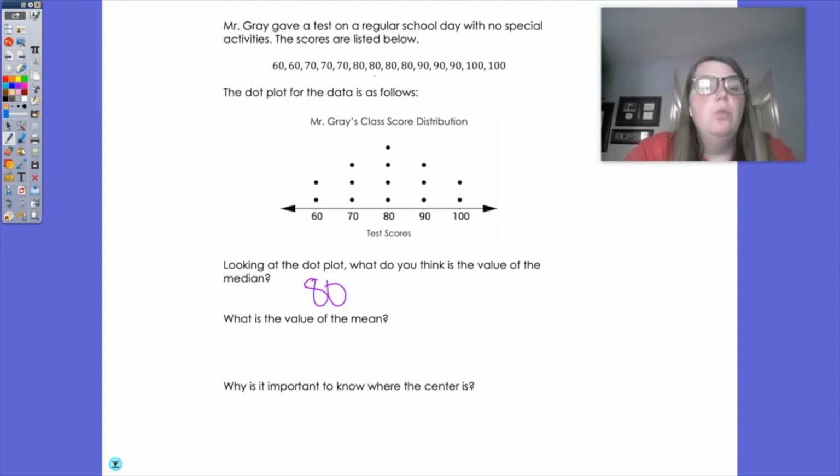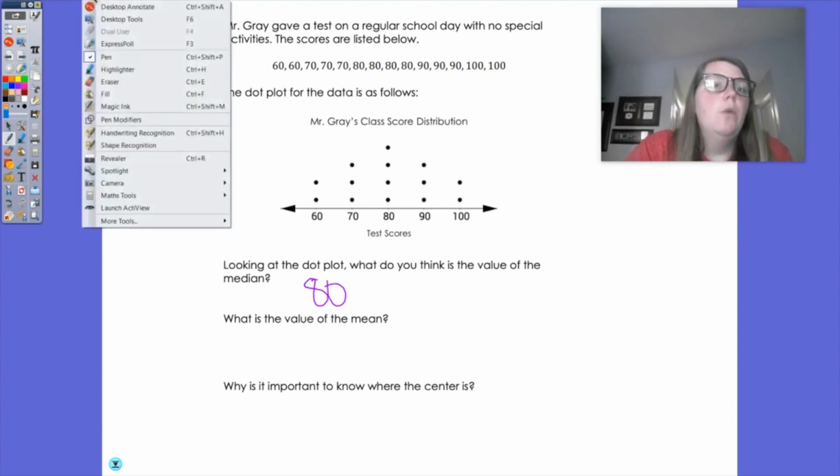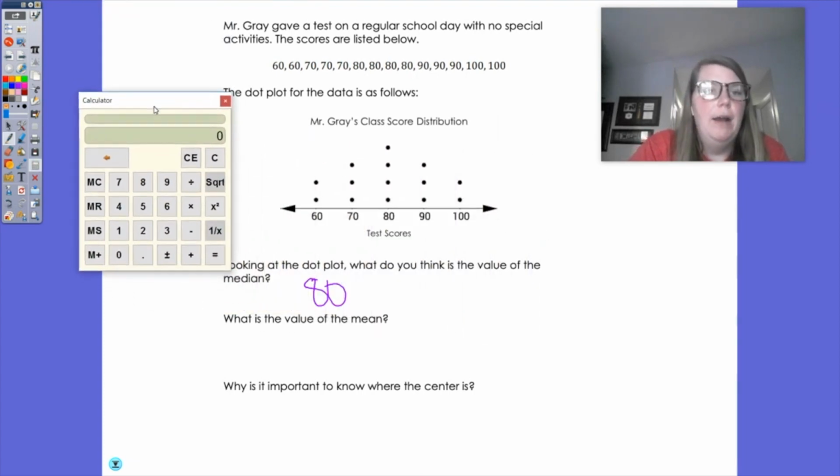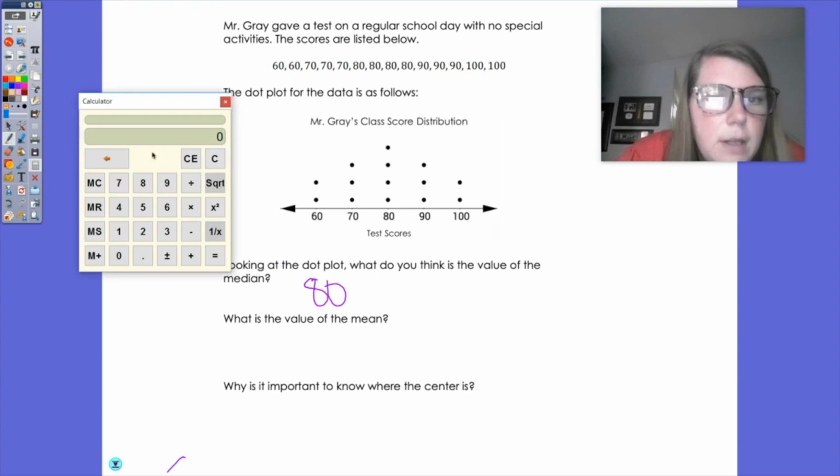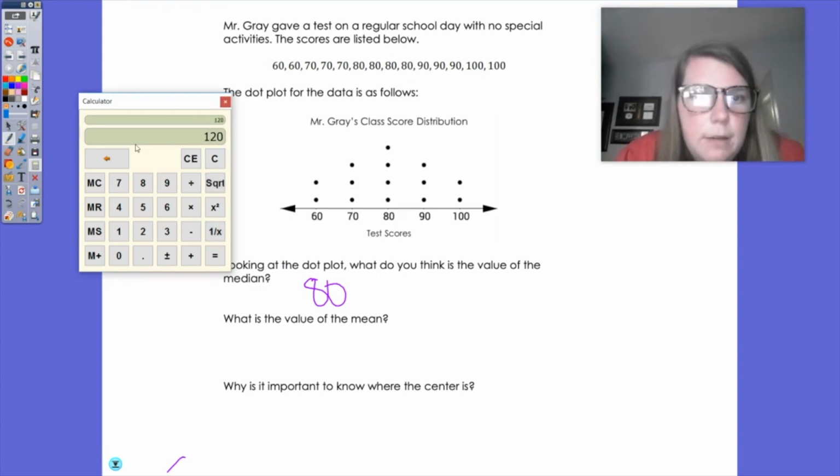The second question: what is the value of the mean? We want to take our calculator and first add up all of our data values. So 60 and 60 would be 120, plus I have 3 70s, so that would be 210, plus I have 4 80s would be 320, plus 3 90s would be 270, plus 200.